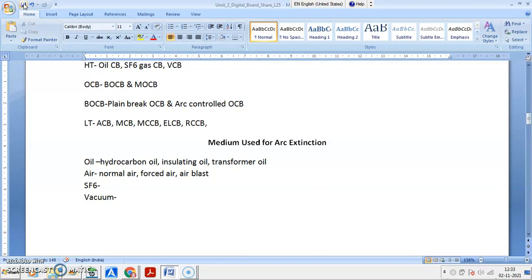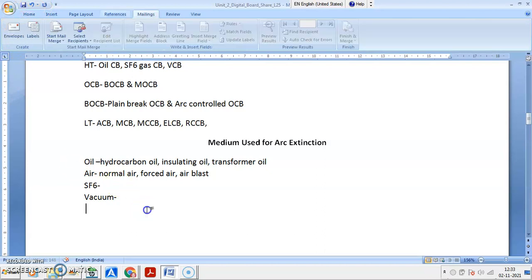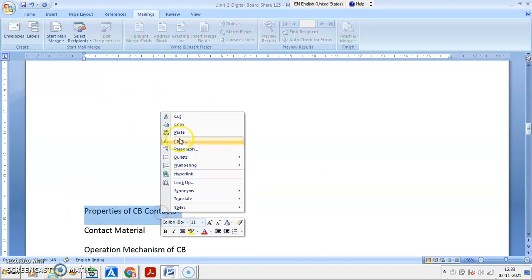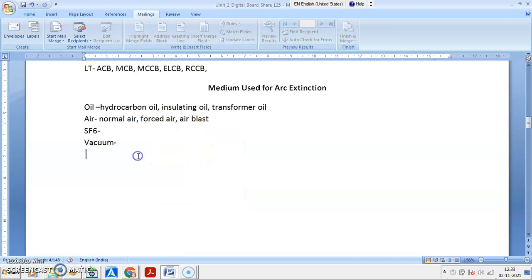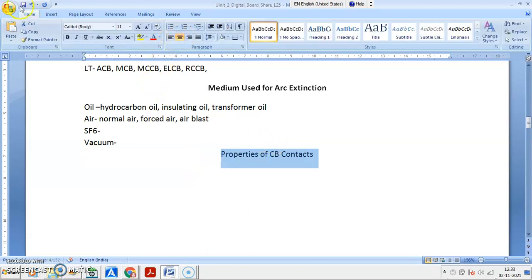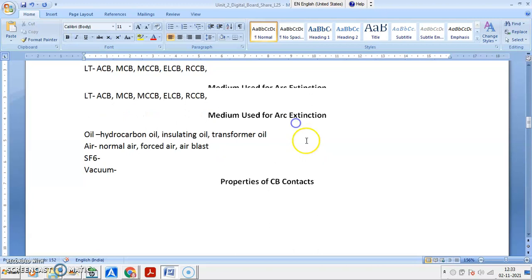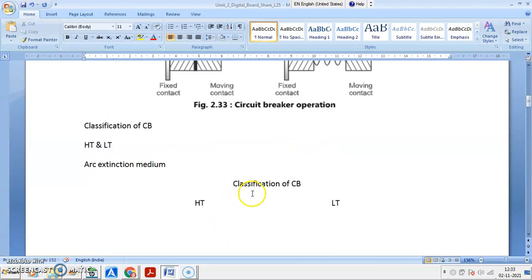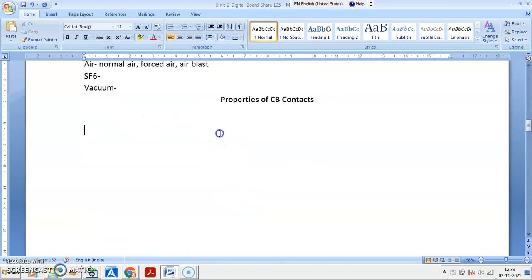Then another term related to circuit breaker, that is circuit breaker contacts. These are the circuit breaker contacts in the diagram you are having here. These are a very important part as far as circuit breakers are concerned.